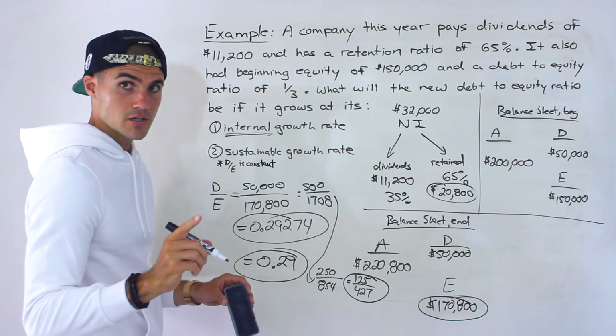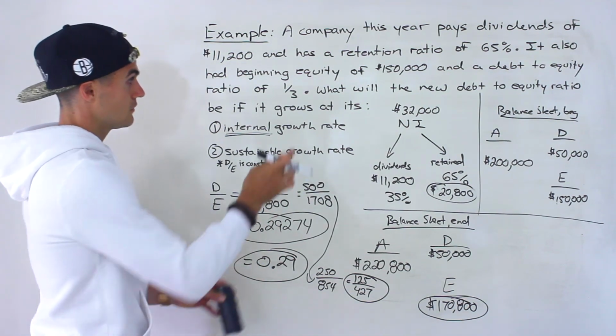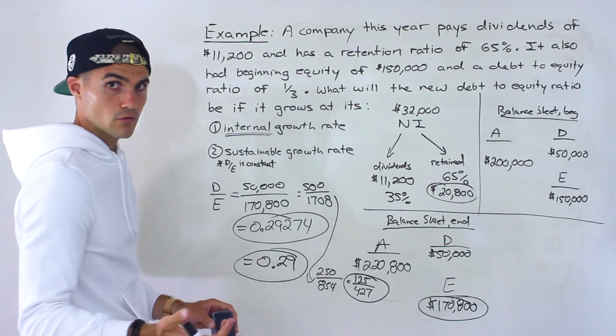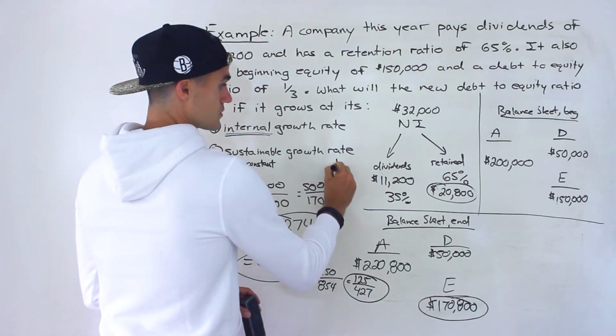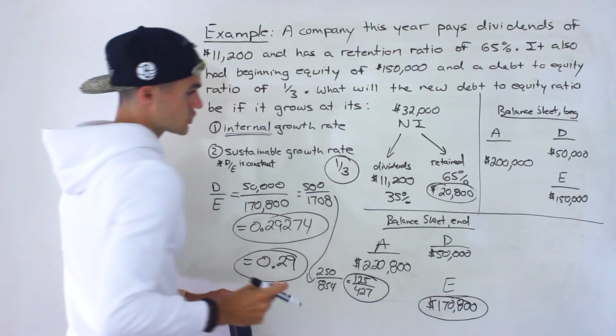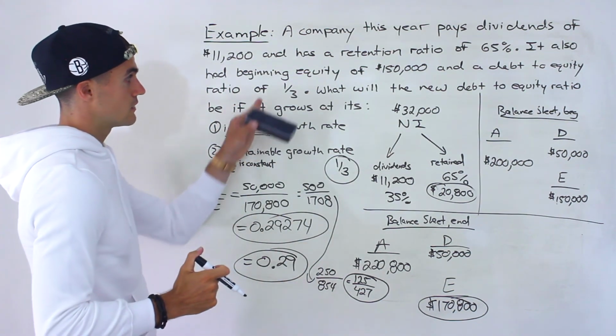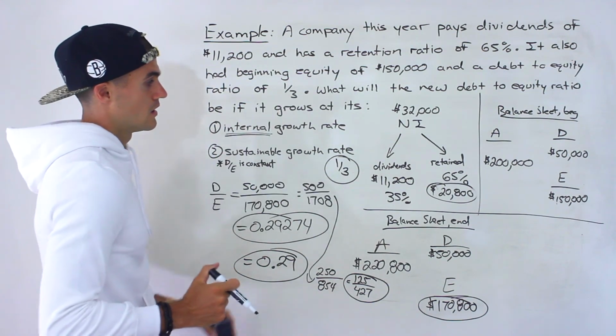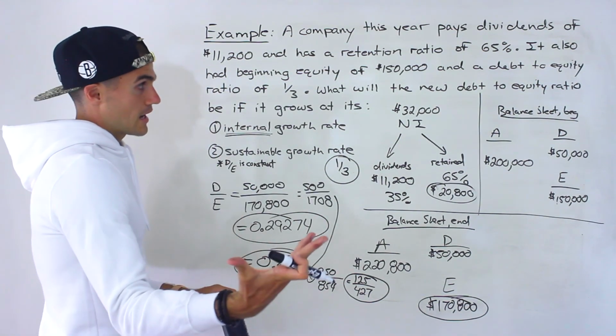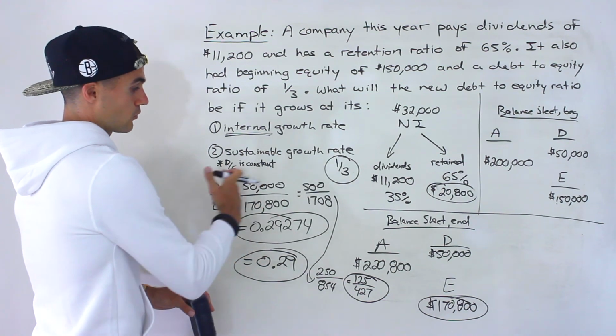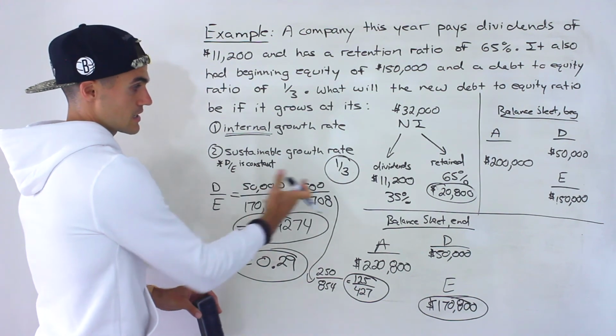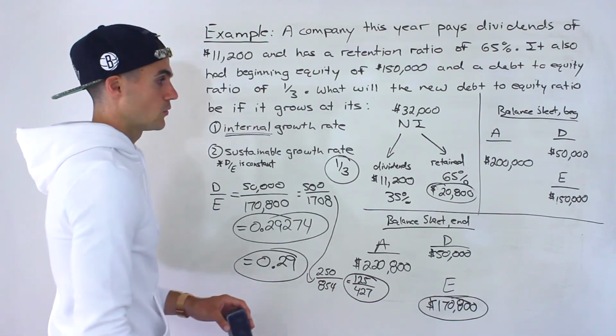The debt to equity ratio is staying constant, and notice that we're given the debt to equity ratio of 1/3. So that's the answer to number 2. It's not a trick question or anything. We're already given the debt to equity ratio. So the new debt to equity ratio, if it grows at its sustainable growth rate, because that ratio has to stay constant, it's still going to be 1/3.